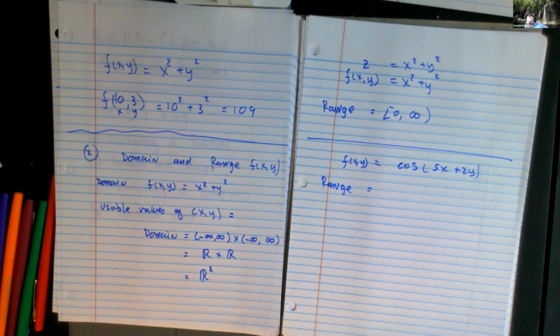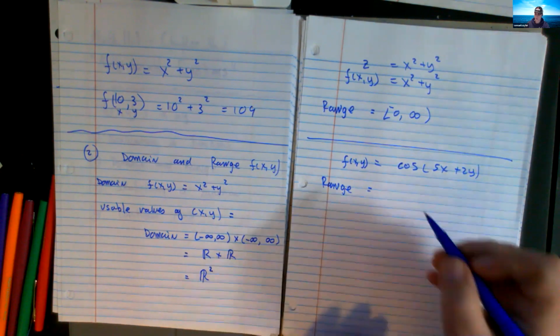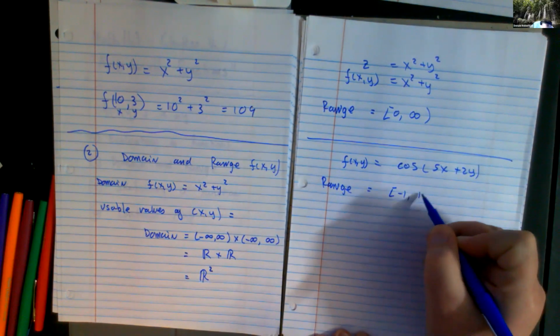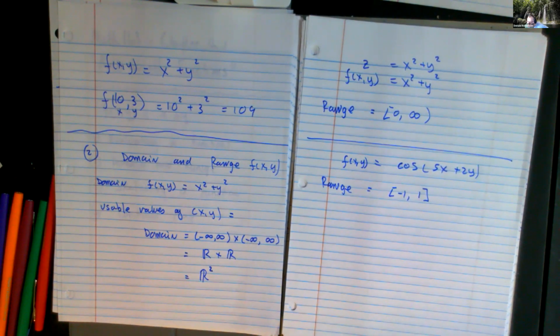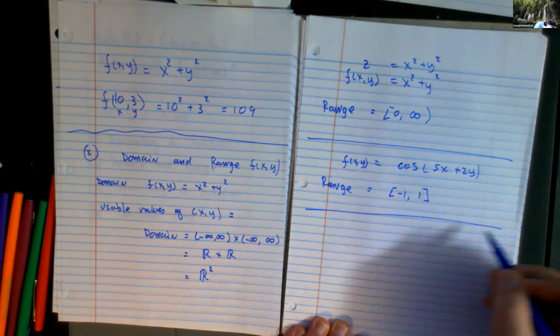All that good stuff. But the cosine of it, which is the entire function, what's the range? -1 to 1. Agreed. Because a cosine is still a cosine. And isn't the biggest number a cosine can be a 1? And the smallest the cosine can be is -1. Agreed?